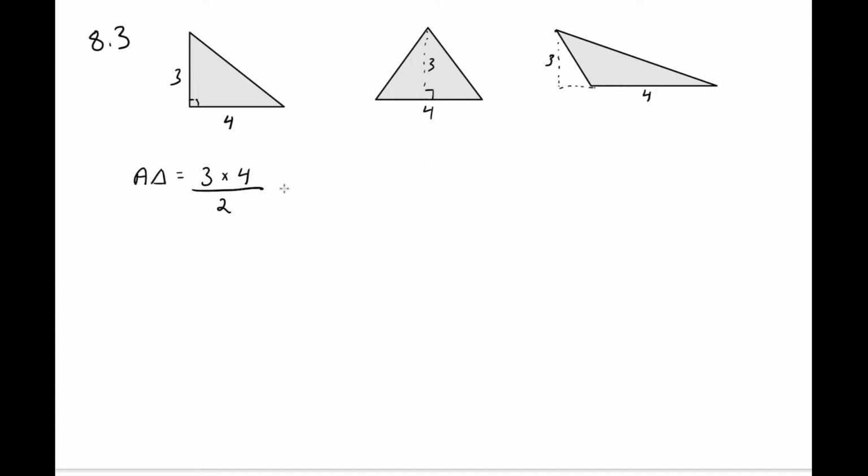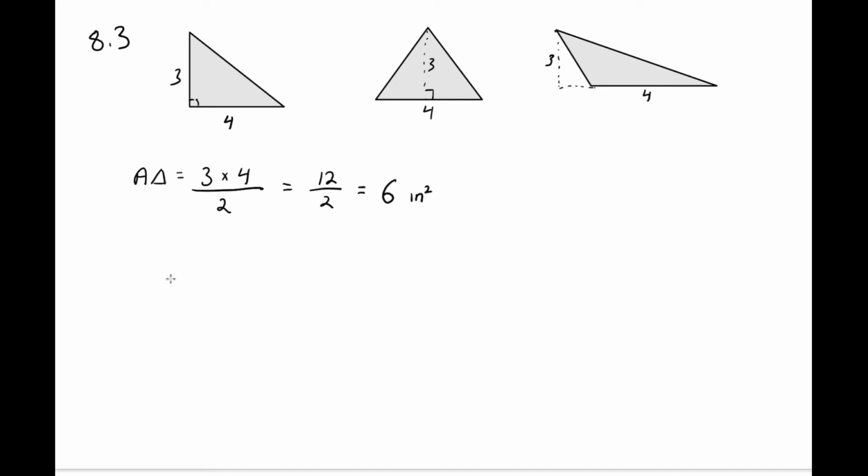So 3 times 4 is 12 divided by 2, which makes the area of each of these triangles 6, because we can reduce this fraction to 6. Now, because this is in inches, it's inches squared. So the area of these triangles is 6 inches squared.